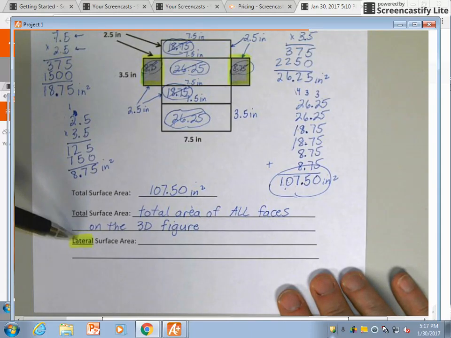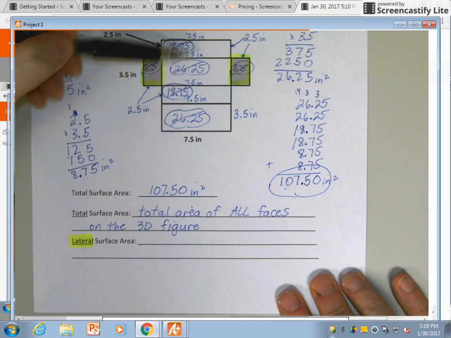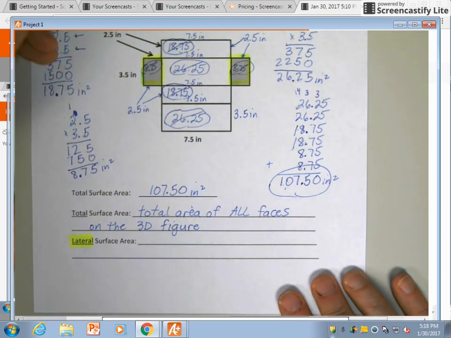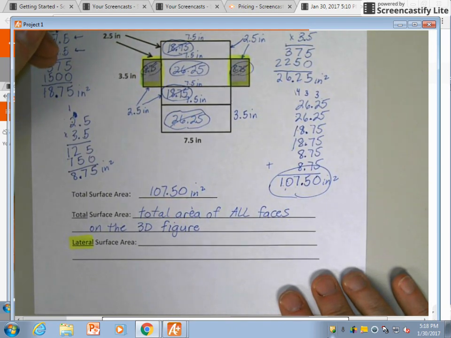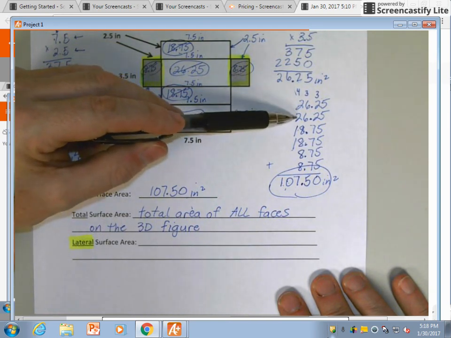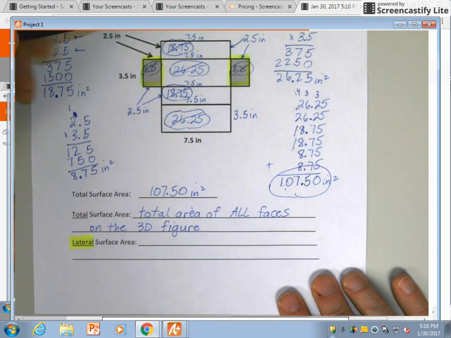For lateral, we would just add these 4 rectangles together, and that would be our lateral surface area. So we would add the 26.25 and the 26.25 and the 18.75 and the 18.75, and that's it. For lateral, that's all we would add.